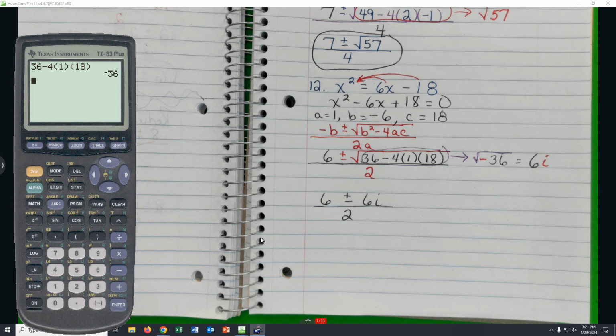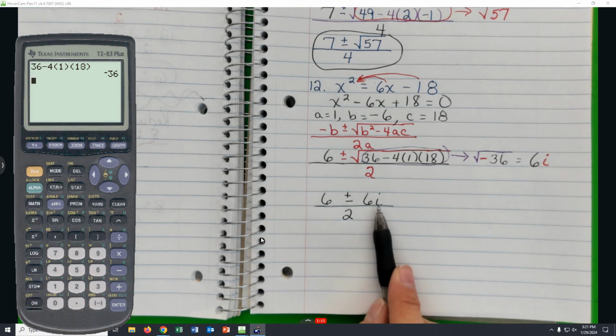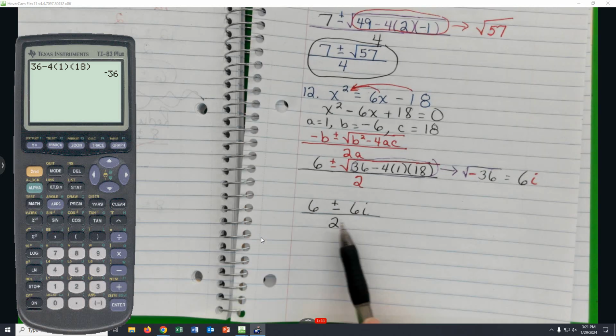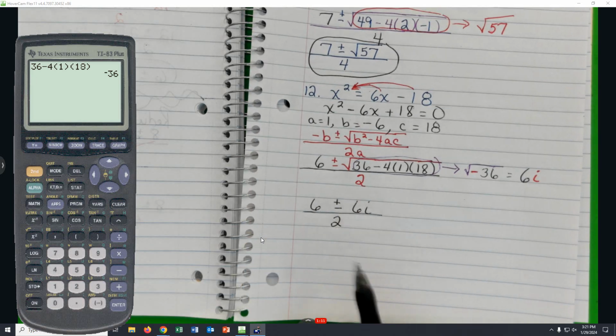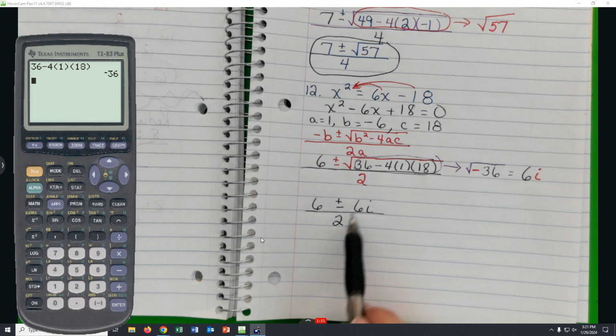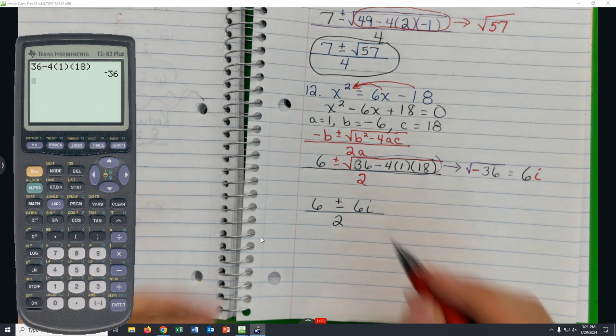Now this one has an i, but you're going to get the same answer whether you split it up or if you just divide it. Each of these 3 numbers you can divide by 2, but I'm going to show splitting up because that's what they want you to do when there's an i.